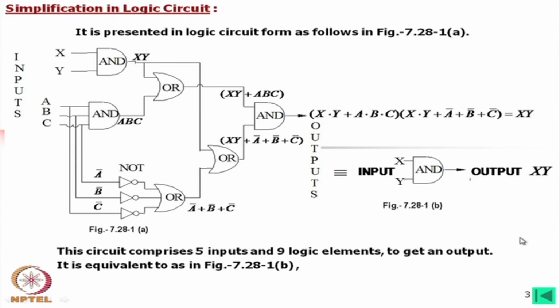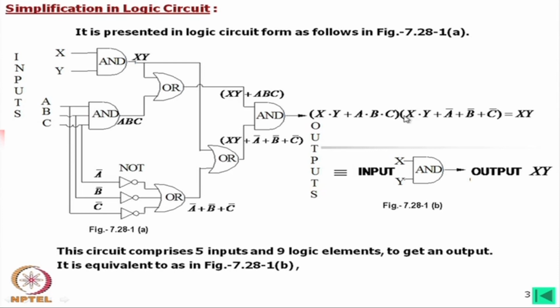Or in other words, suppose these are being used for some other functions, but to get this output we simply take it directly here, because through simplification we can reduce it to this.